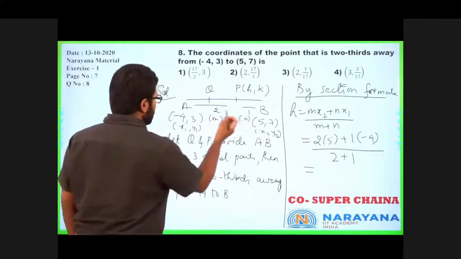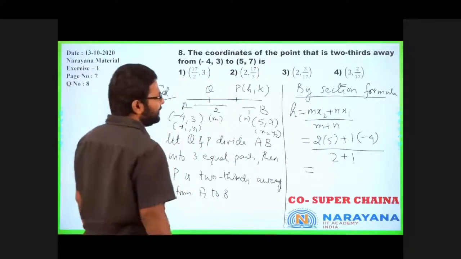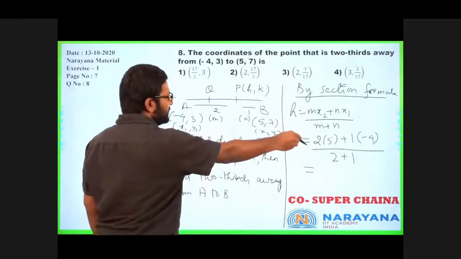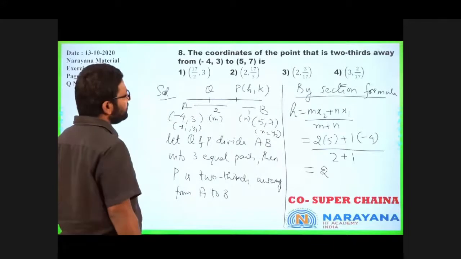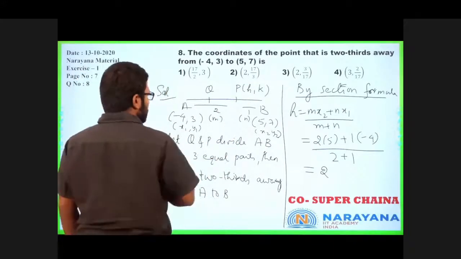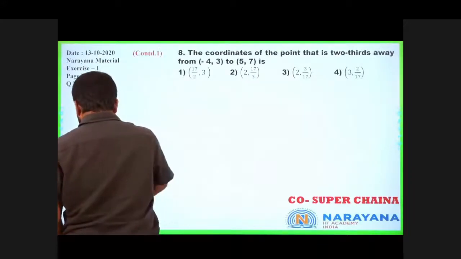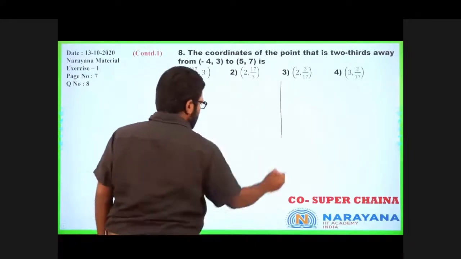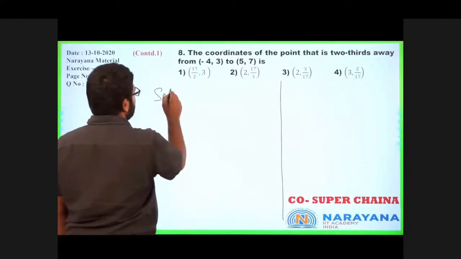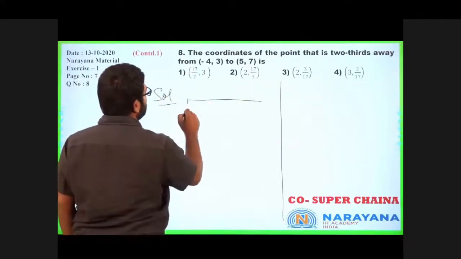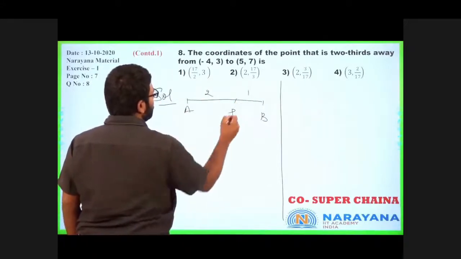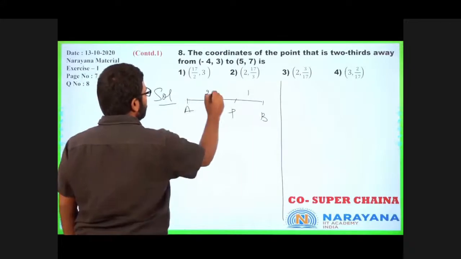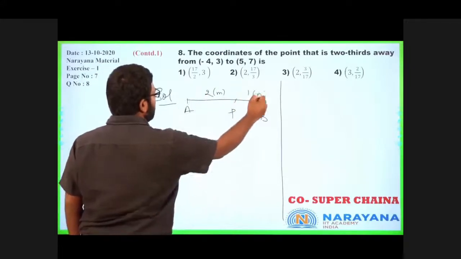Which means 10 minus 4, 6 upon 3, 2. Alright? Okay, so H is 2. Once again draw this, A, B, P, 2:1.